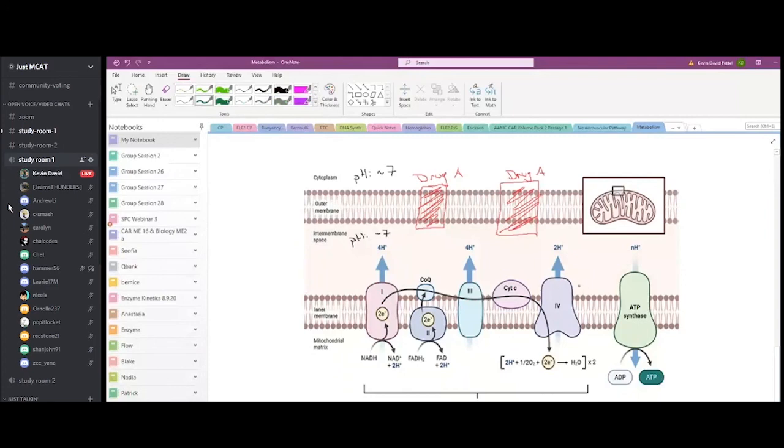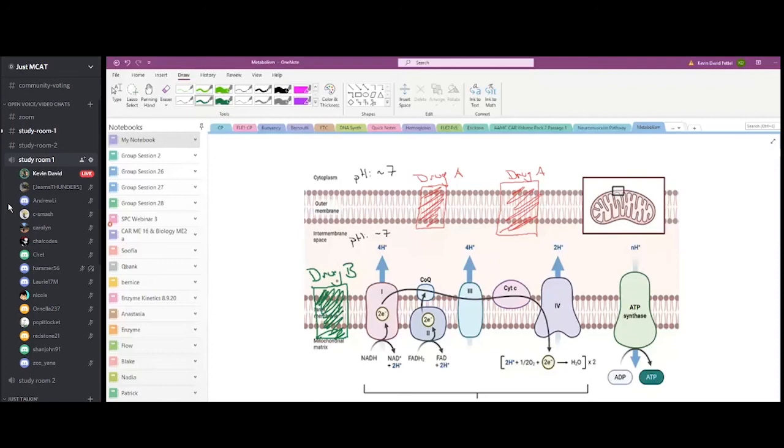If we had maybe another drug, let's call it drug B. I know, fancy names. I impress myself sometimes. If we had drug B, which instead of poking holes in the outer membrane of the mitochondria, in fact poked holes in the inner membrane, what will be the net movement of protons?